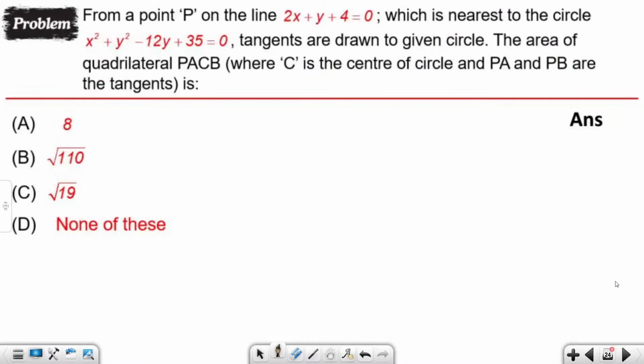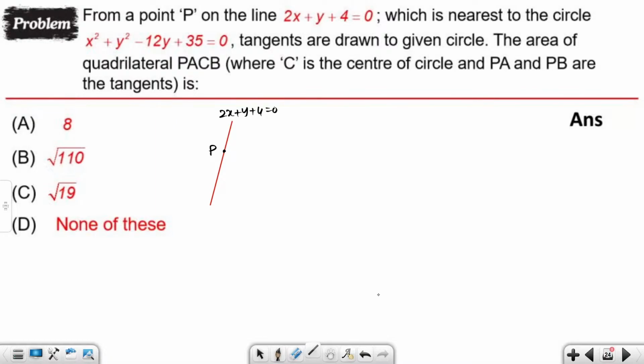See this question. The question says that from a point P on the line 2x plus y plus 4, there is a line, and on this line there is a point P. Okay, the equation of this line is 2x plus y plus 4 equals to 0, which is nearest to the circle? Okay.